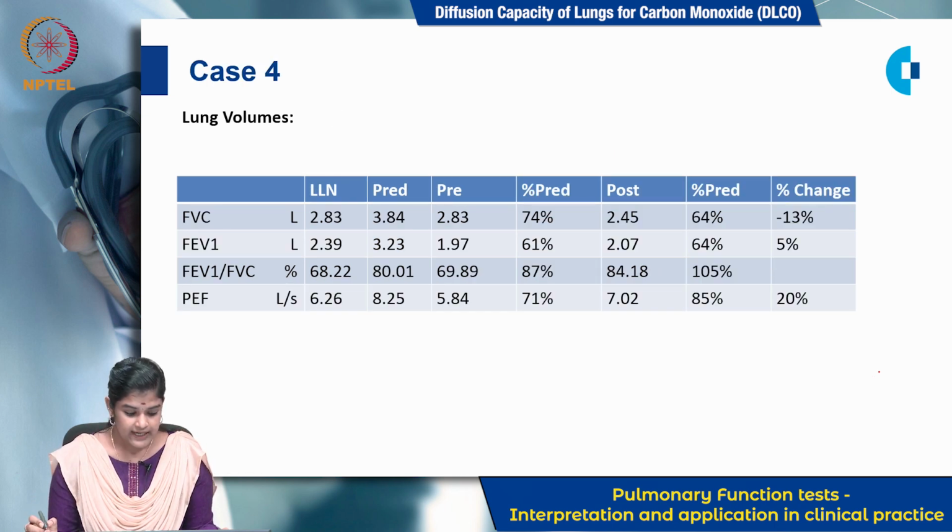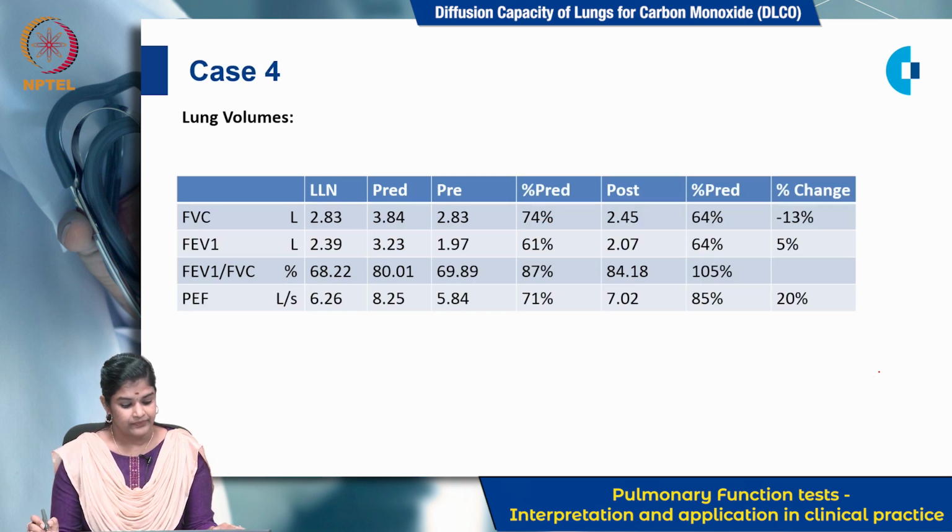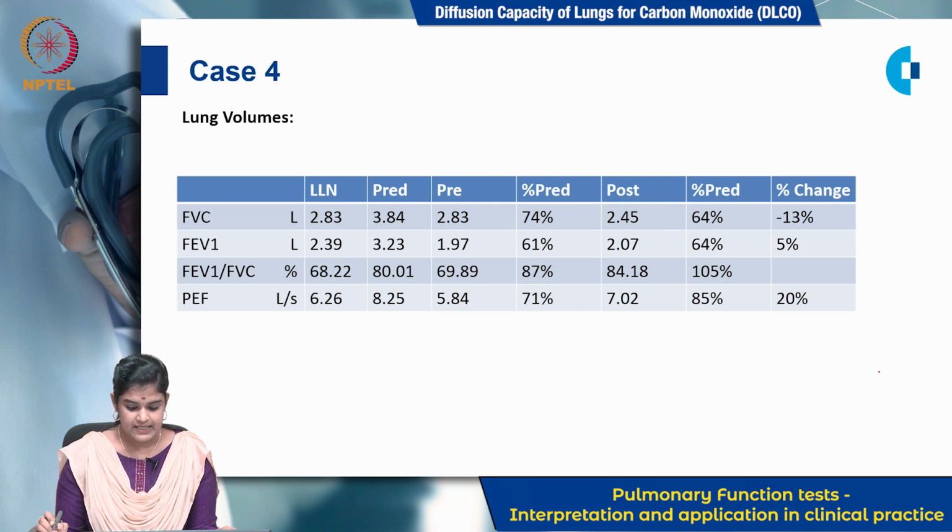The last report, let us review the last case. So, FVC pre is 74%, FVC post is 64%, FEV1 pre is 61%, FEV1 post is 64%, FEV1 by FVC post is 105%.